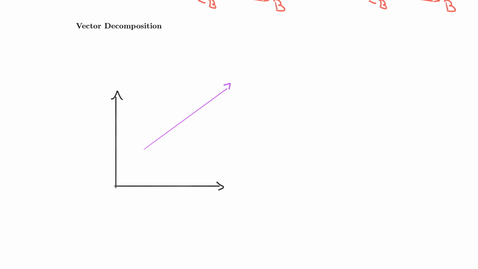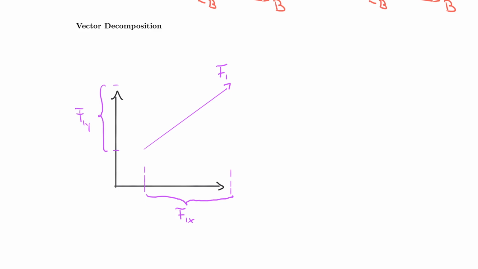So let's call this here f1. And of course, we know from high school that we have these components here. This here would be usually what we called f1x. And then we also have the value from here to here, which we will call f1y.